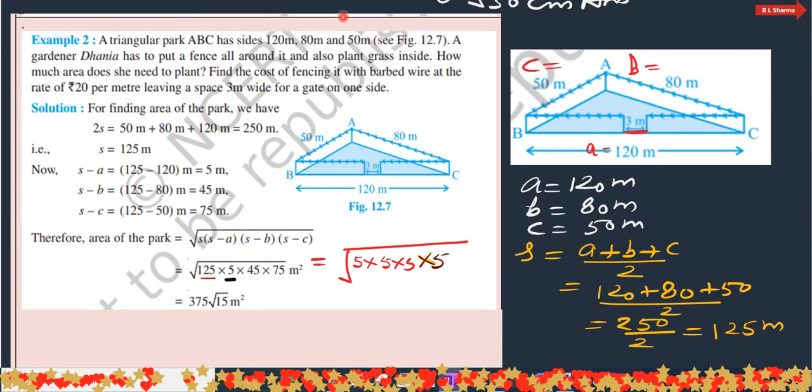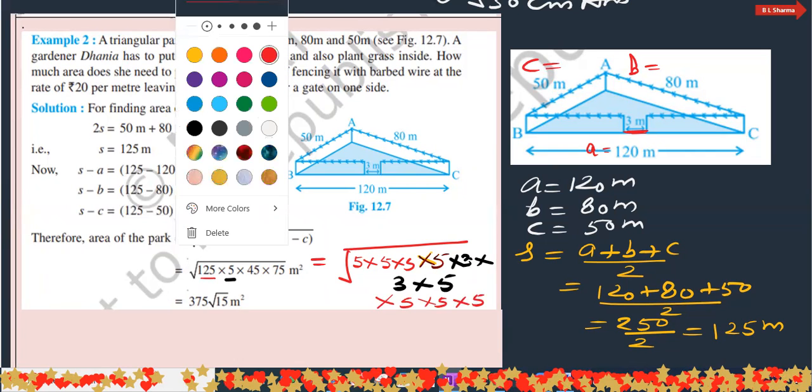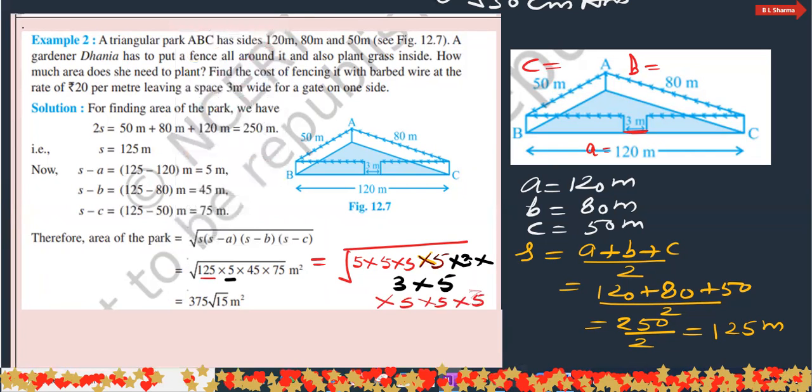Then 45 can be written as 3 into 3, which is 9, into 5. And then 75 can be written as 5 into 5 into 3.